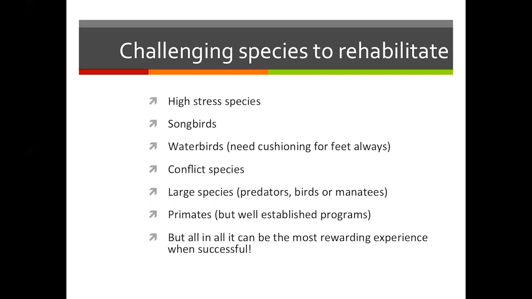So a lot of effort and manpower to go into it. But for both species here in Belize, we have well-established programs here in Belize as well as in other countries in Central and South America.